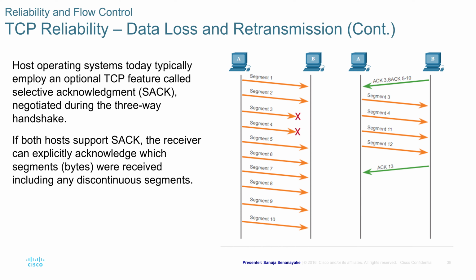Host operating systems today, such as Windows computers and Mac computers, typically employ an optional TCP feature called selective acknowledgement, or SACK, negotiated during the three-way handshake. If both hosts support SACK, the receiver can explicitly acknowledge which segments or bytes were received, including any discontinuous segments.